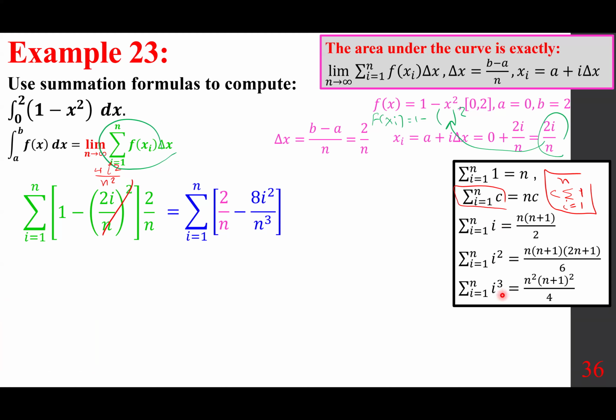Then i squared, i cubed, we want to keep it. For example, for this one, we can just look at 2 over n times the summation of i going from 1 to n of 1. For this one, take minus 8 over n cubed out. This is elementary algebra. One more time: the first piece, you can take the 2 over n out, summation of 1. The second piece, you can take minus 8 over n cubed out, summation of i squared.